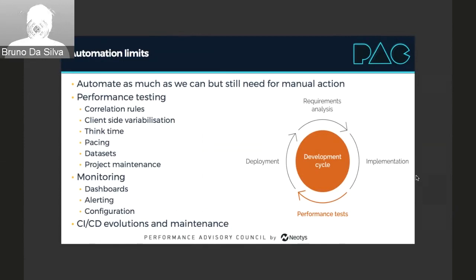And finally, your continuous integration and delivery pipeline, because even if automation saves a lot of time to the team, it takes some time to initiate it and to maintain it when you have new versions and new types of tests you may want to do, or new types of deployments, etc. So there's still some work to do on this part.